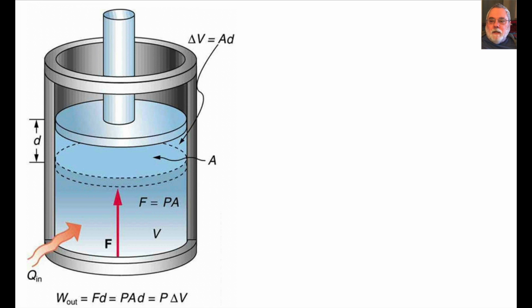The gas has some temperature and exerts a positive pressure and positive force on the piston. If the piston moves upward, expanding the volume, the gas has done work on the external system attached to the piston.